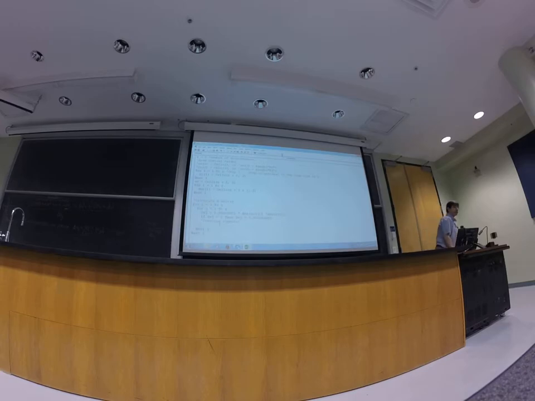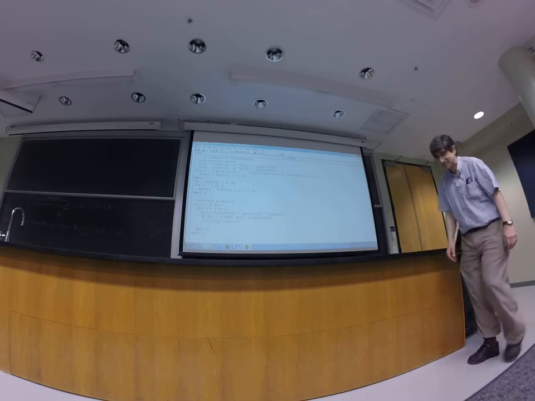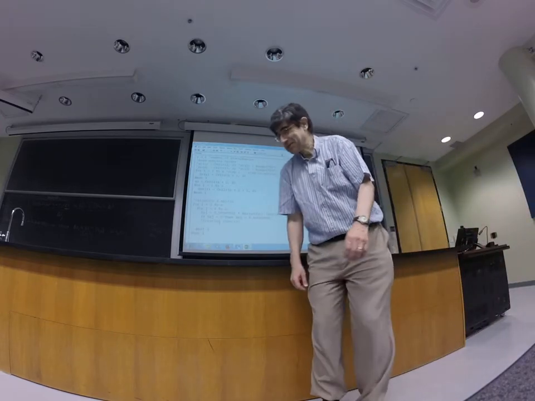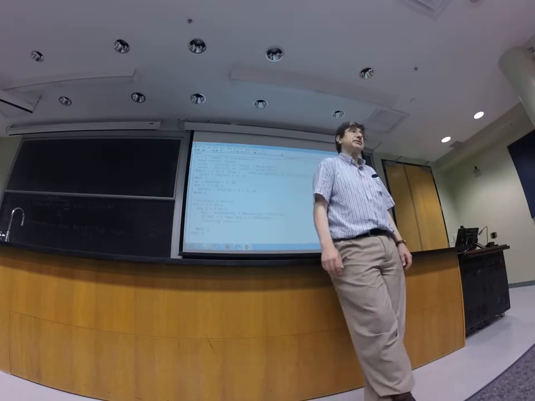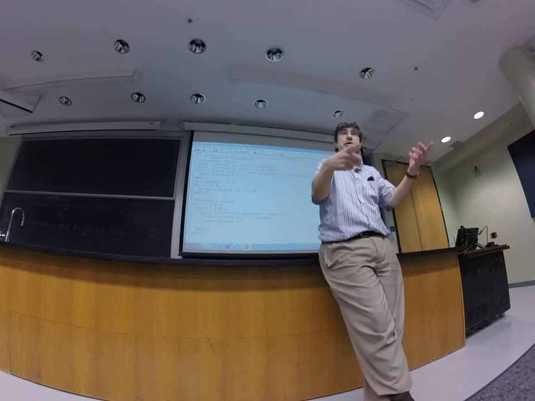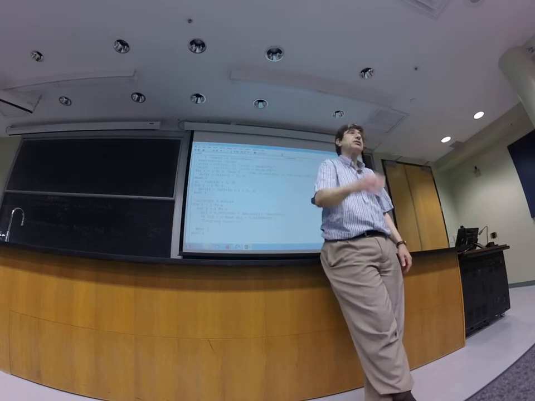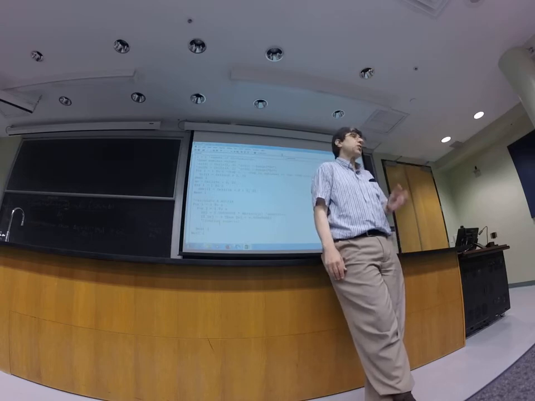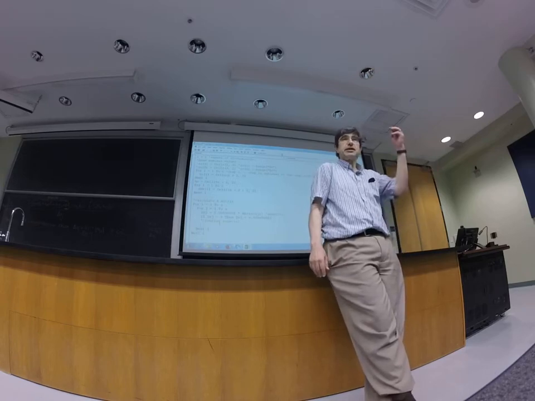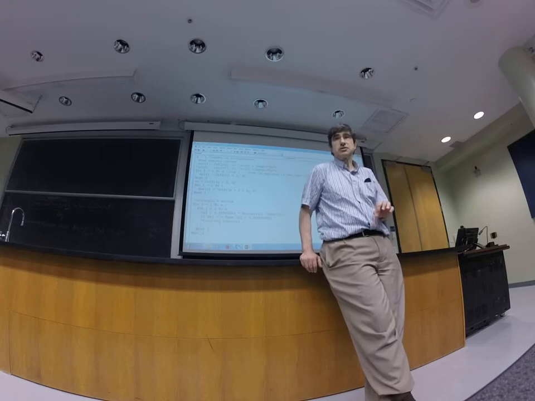I guess in MATLAB, or what's the language many of you learned? Python. In Python, you have vector quantities, so you could have just said X special equals X naught.